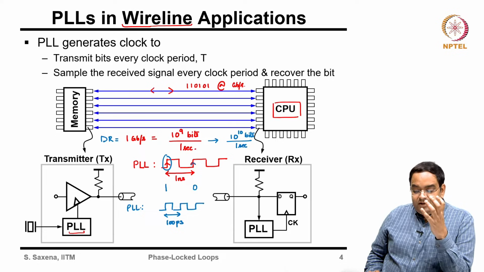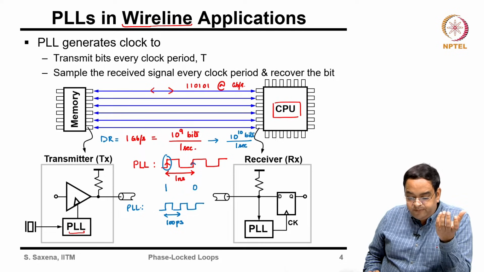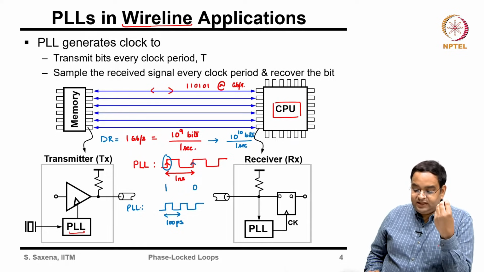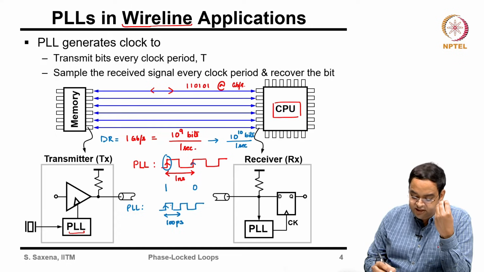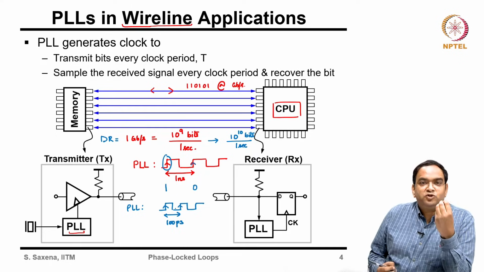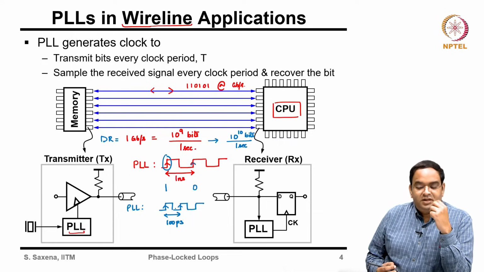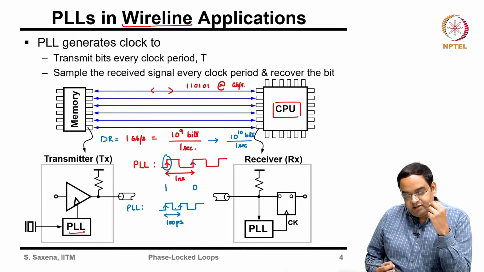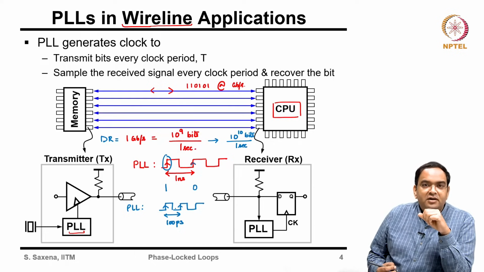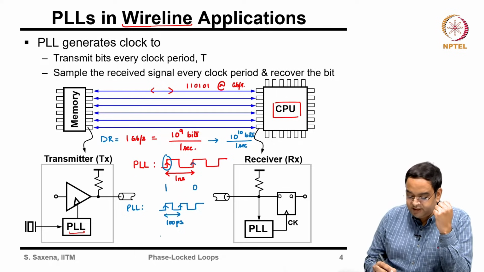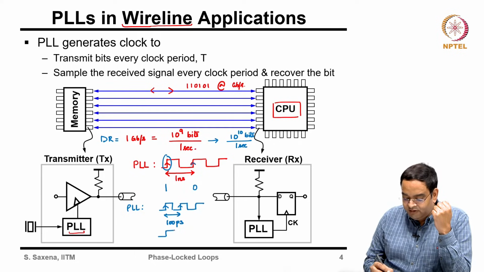Okay. And just think about it, the PLL is generating a rising edge every 100 picoseconds, and if this particular PLL misses 1 picosecond in every alternate clock period, for example, one cycle is 100 picoseconds and the other cycle is 99 picoseconds.